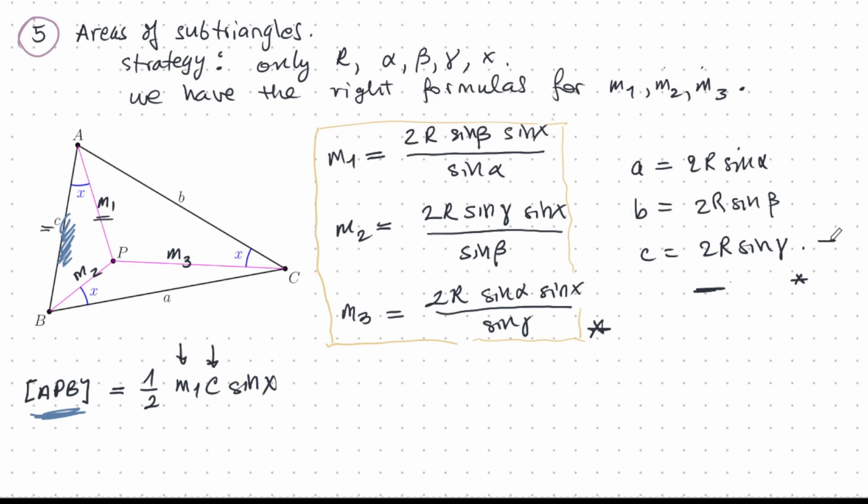So I'll use this formula here and this formula here. Well, if I multiply all that out and collect all the factors, move them around a bit, I get this. I get a sine squared x because I have a sine x here and a sine x over here. So I have two of them, so that's sine squared x. And I'm done for this area because everything is in terms of just angles and the big R.